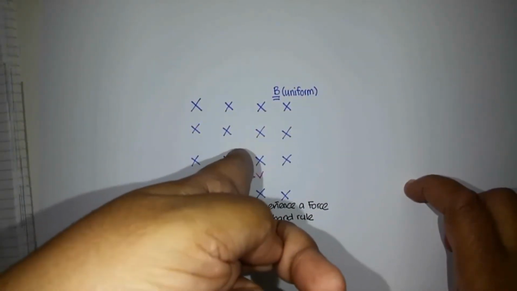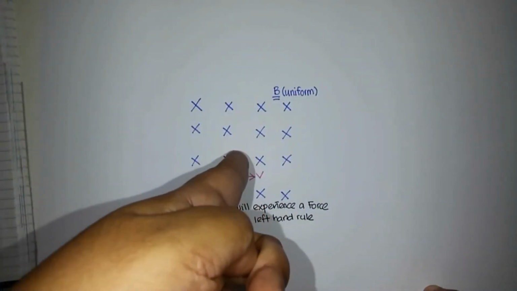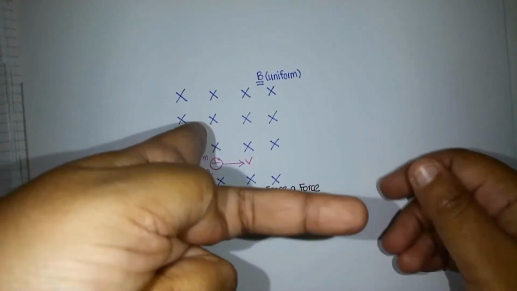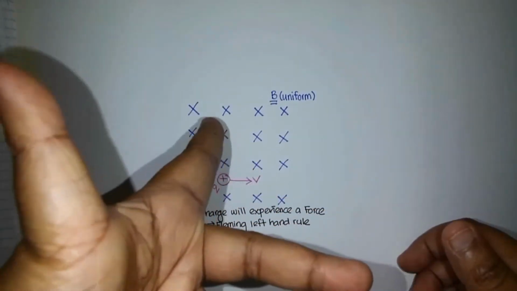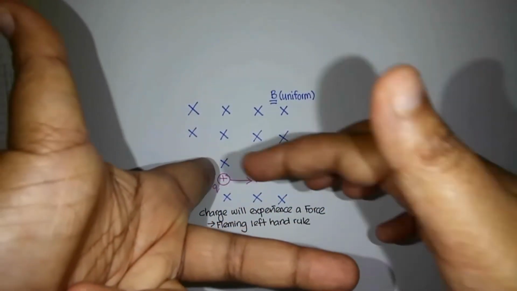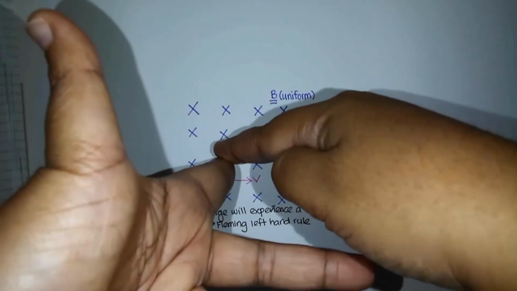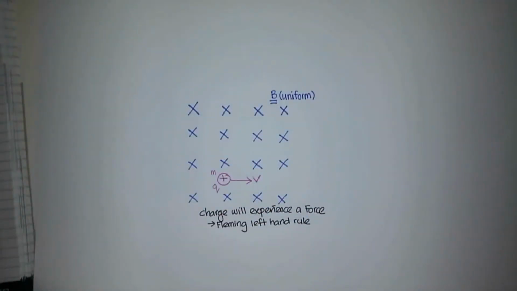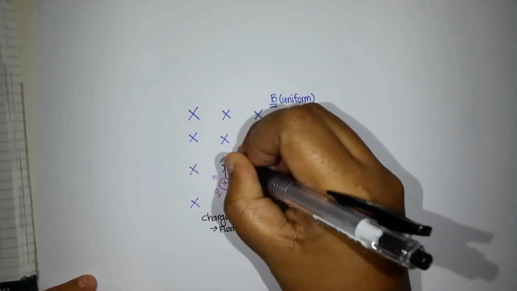The direction of B is into the page. And then V is in this direction. So the direction of force will be upward. Into the page, right angle to each other. So V is in this direction, B is in this direction, so F will be upward.